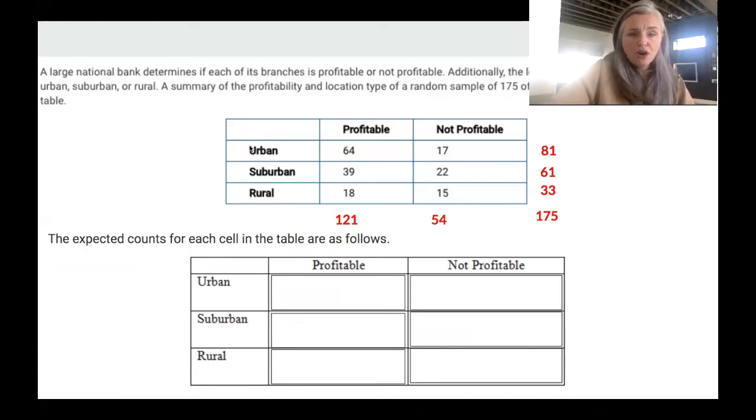So there are 81 urban banks. There are 121 profitable banks.